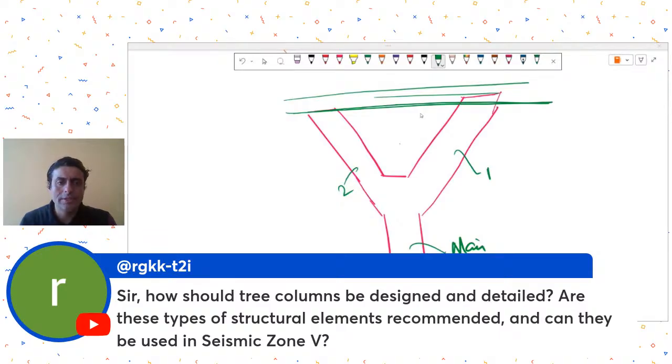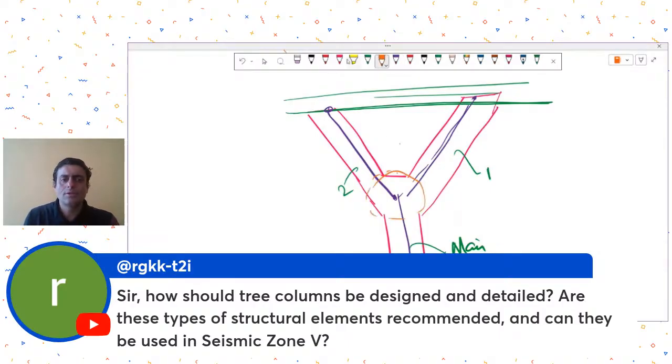So he is asking how this should be designed. I think for design you need to first get the analysis outputs. For that you may model it as line elements in your software like ETABS or STAAD. If you want to get proper joint stresses or proper joint forces, then you may model them as, let's say, wall elements also.